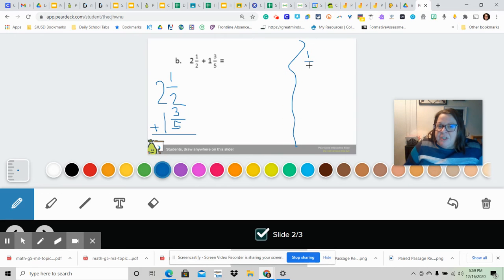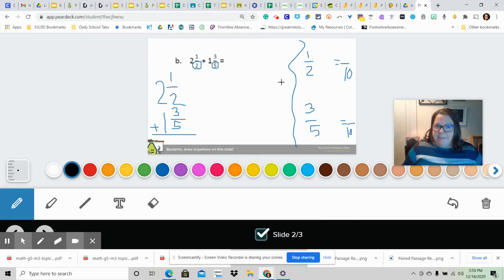To save us time, I'm just going to do 2 and 1/2. Because we have 2 and we have 5, and we just did that, you should know that your common denominator is going to be 10. Then you just ask yourself again, how did you get from 2 to 10?